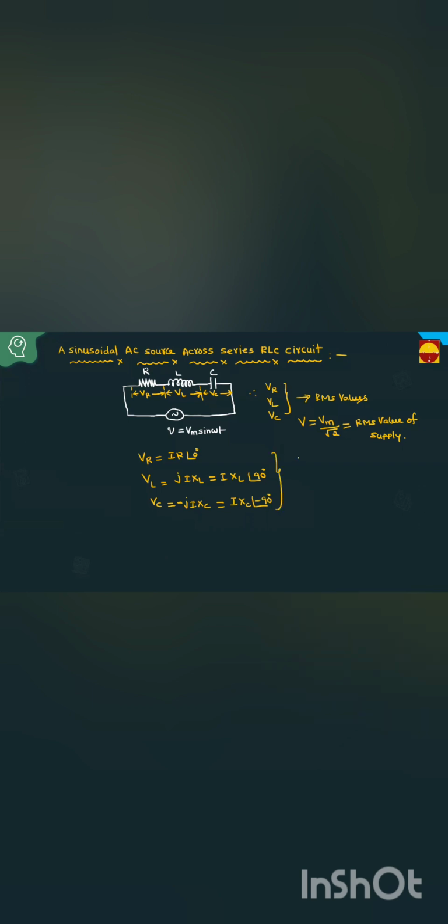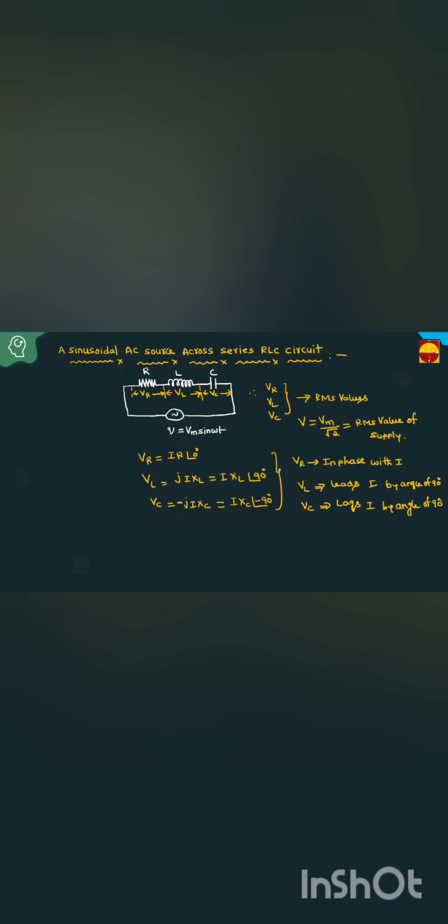From this, what are the observations, friends? VR is in phase with I. VL leads I by an angle of 90. VC lags I by an angle of 90.